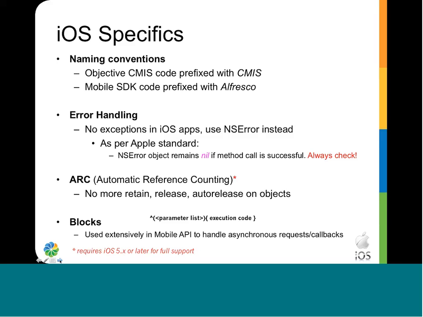classes and methods. You will notice that in Android you have the very nice option of creating packages, like org.opencmis plus your class name or whatever the package might be. In Objective-C, you have to do that slightly differently. So all the mobile SDK code will be prefixed with Alfresco, and the Objective-C OpenCMIS code is prefixed with CMIS.